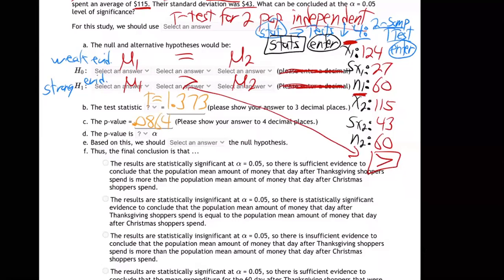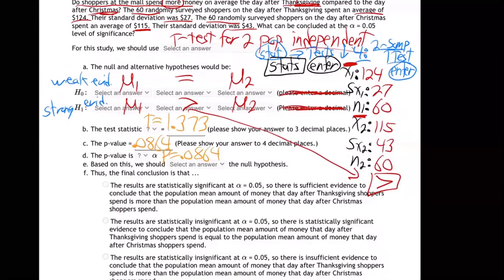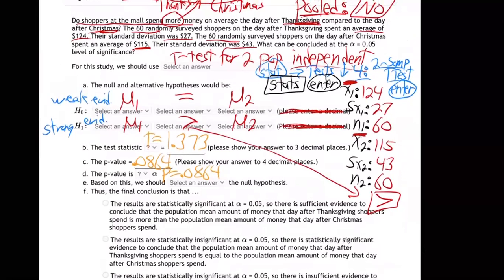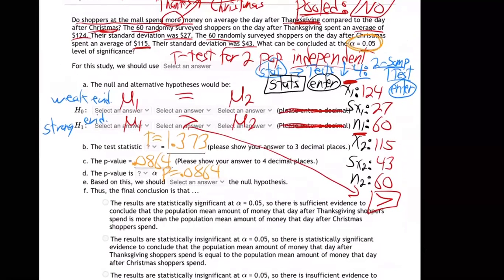All right, my p-value, p is 0.0864. How does that compare to my alpha significance level? Alpha is 0.05. So my p-value is greater. So that means my p is not low, right? If the p is low, the null must go. If the p is not low, the null must not go.